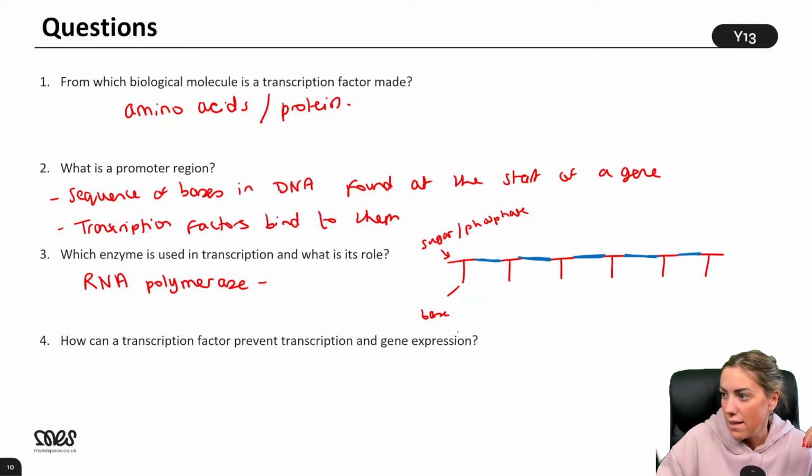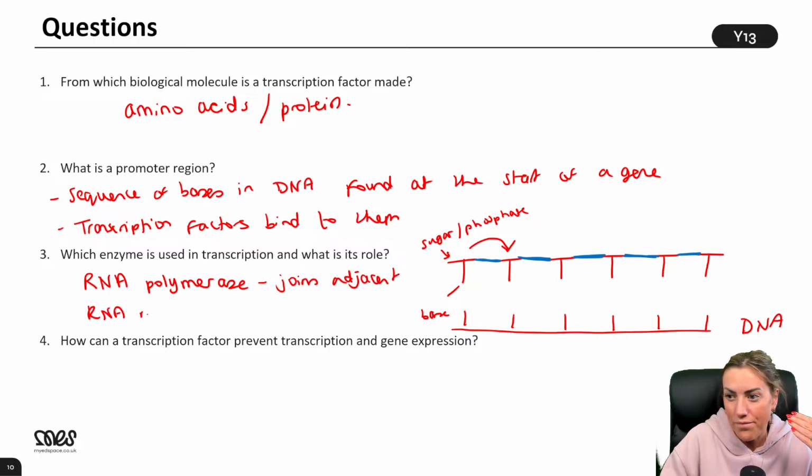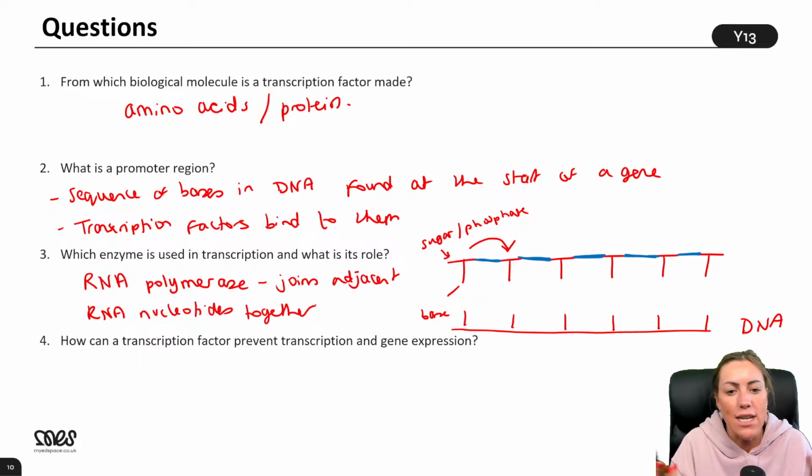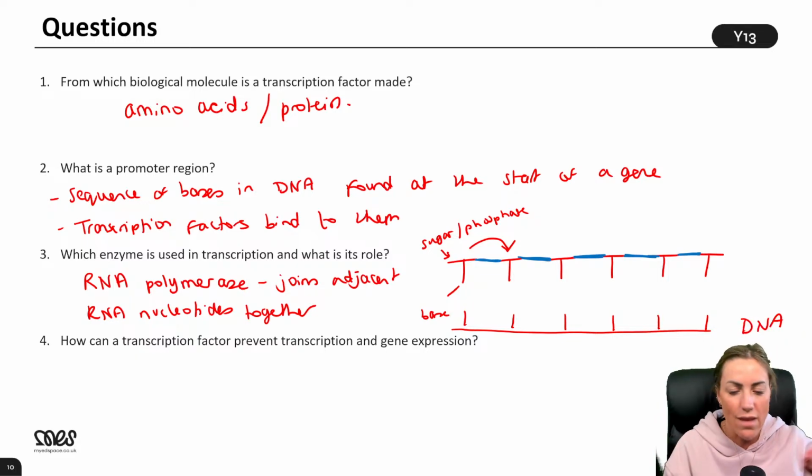If this is my DNA template strand, it doesn't join the RNA nucleotides to the DNA nucleotides. It just joins one RNA nucleotide to the next RNA nucleotide. So you could say it joins adjacent RNA nucleotides together. Or you could just say it joins RNA nucleotides together, but it's the ones that they are next to. It's not joining the RNA to the DNA.